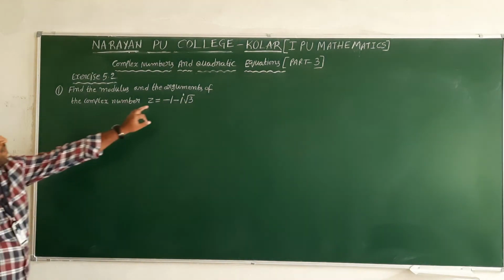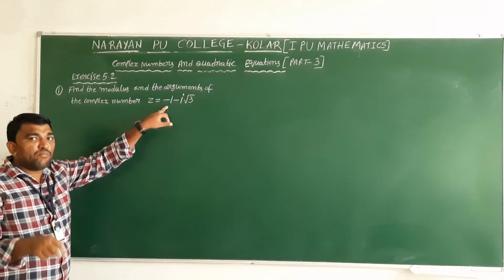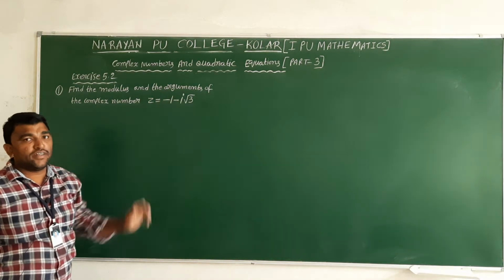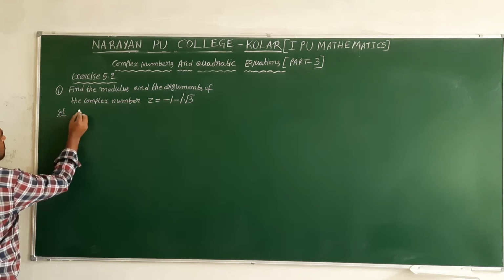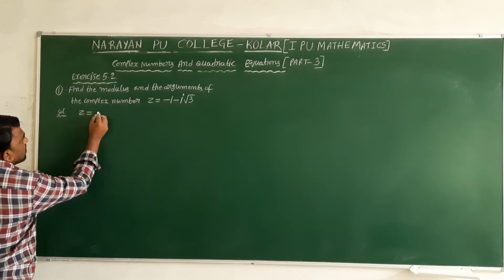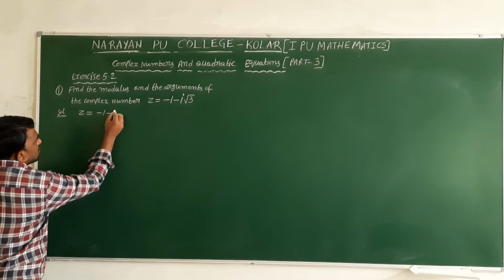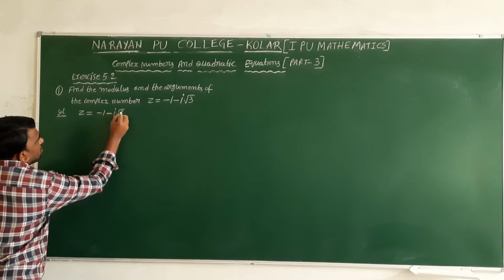So for this complex number, we need to calculate the modulus and argument of z. Simple one. First, z you can write. Z is the given complex number, -1 minus i root 3.